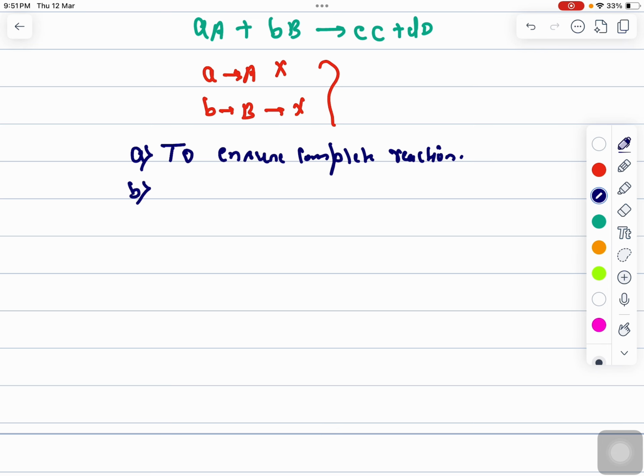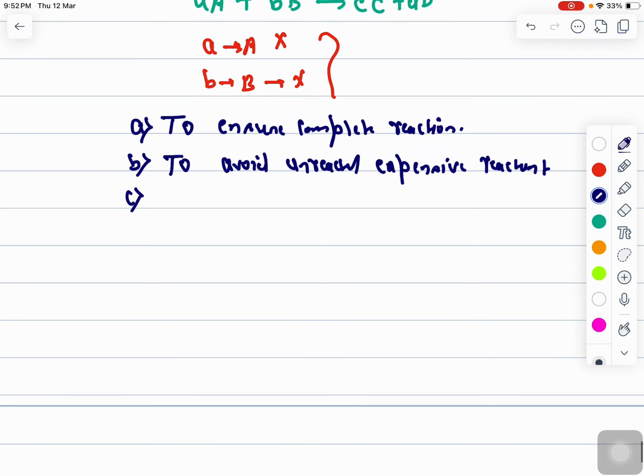B is to avoid unreacted expensive reactant. And then C will be to improve reaction rate, right?